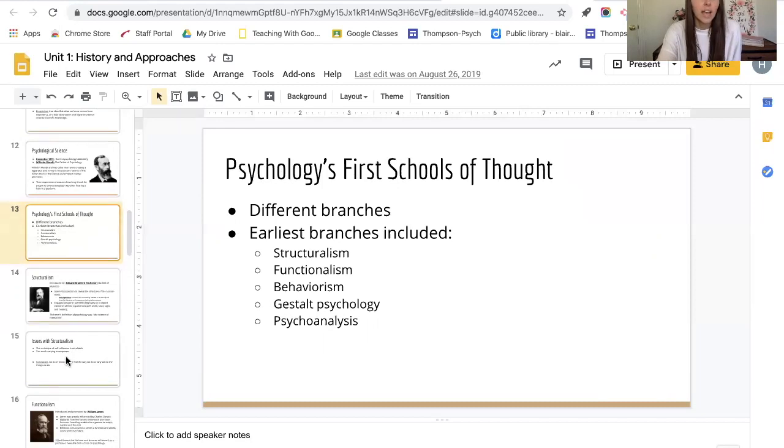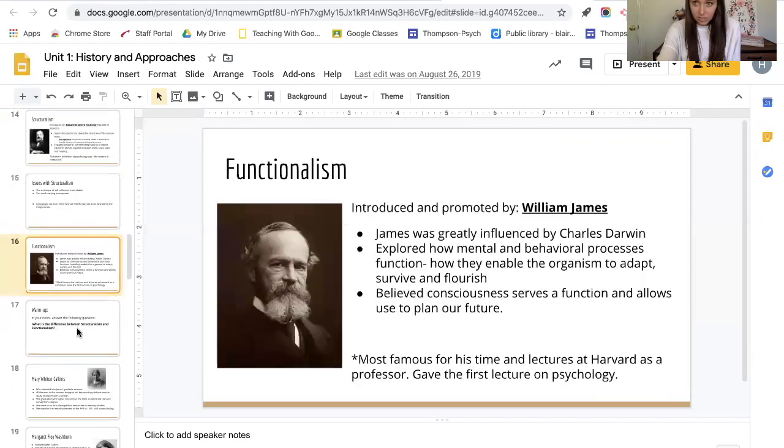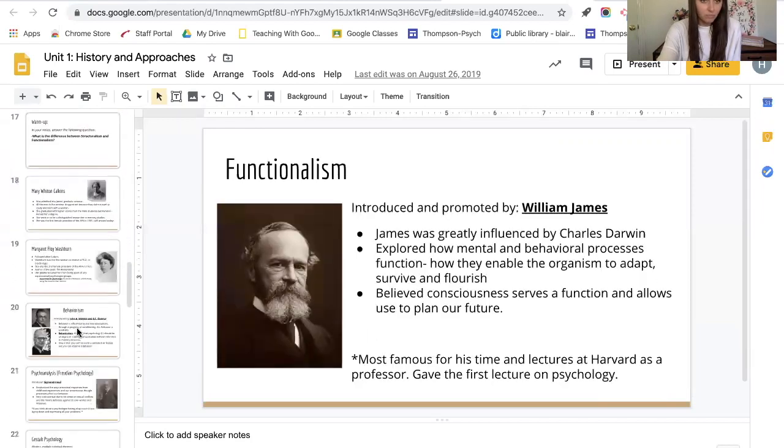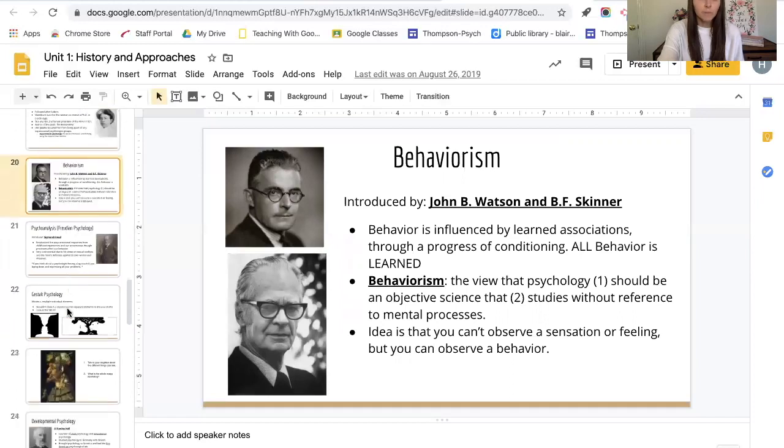So as you're kind of looking through the PowerPoint, you can go through and kind of reread some of this if you want to. But the big thing is I just need you to know the approaches and the perspectives from this unit. So obviously we have behaviorism, you know names like Watson and Skinner. Those are pretty popular.